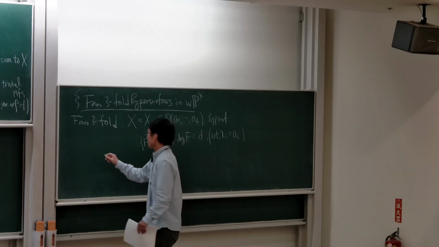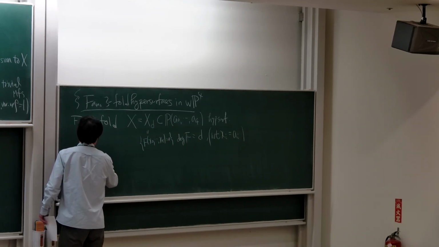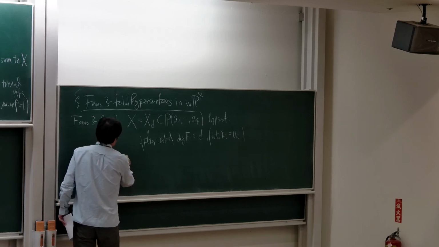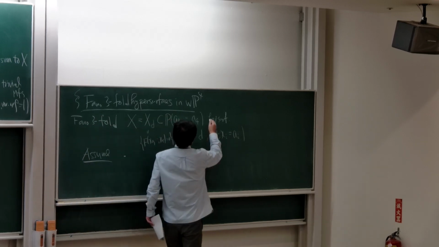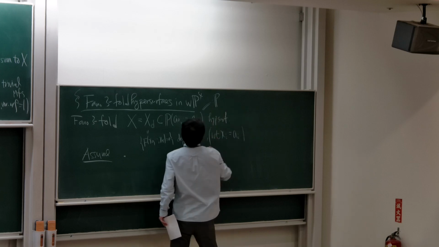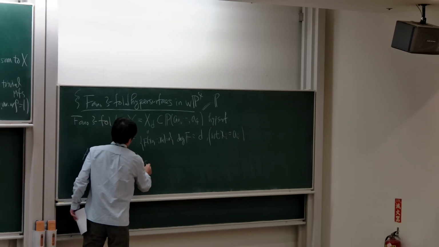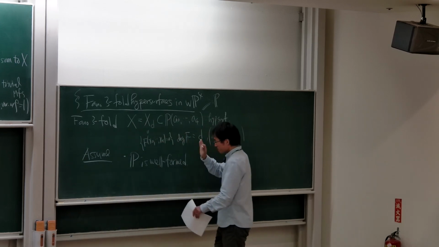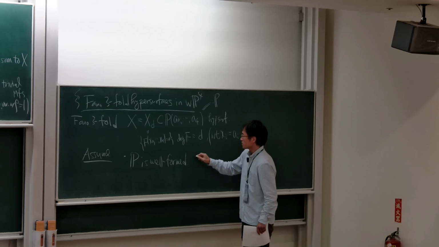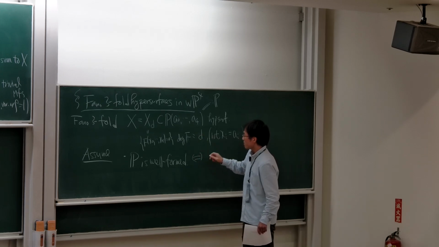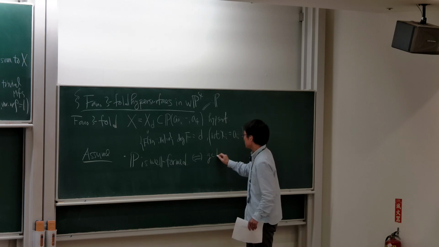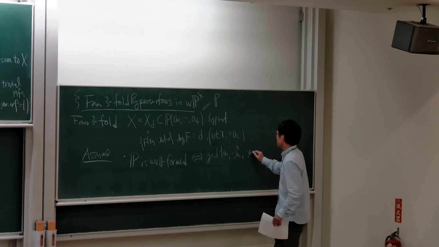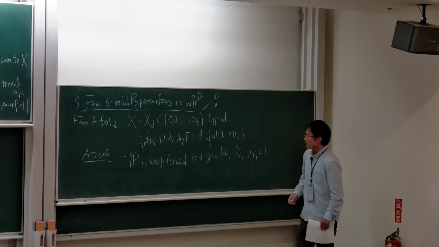And we assume that, okay, let's write P. This is a very basic assumption: the space is well formed, meaning that a_4 is 1.